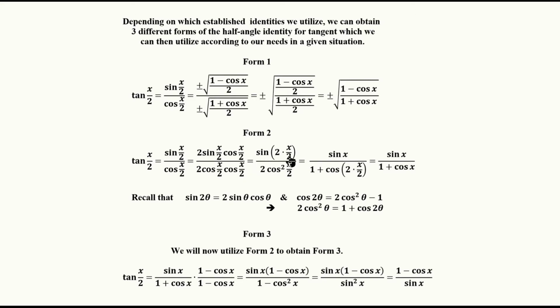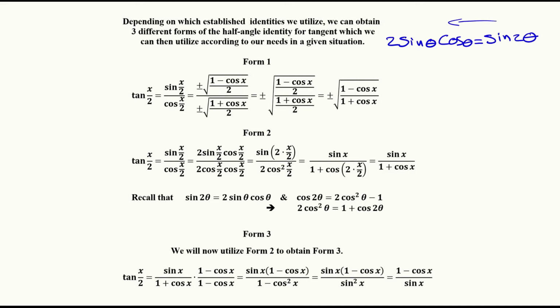Now, right here, we had an expression from the past, which we know, if we recall, we have 2 sine theta cosine theta equals sine of 2 theta. So we usually see it going the other way, but you should be comfortable with both directions.